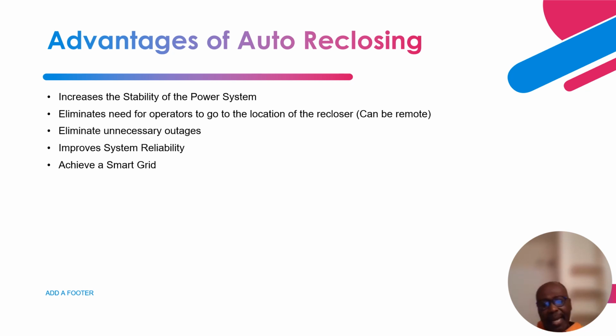So these are the advantages. It increases the stability of the power distribution system. Because under normal circumstances, without an auto reclosing function, the circuit breaker is going to trip for temporary faults, for transient faults that do not require tripping and making power unavailable to many customers, right?